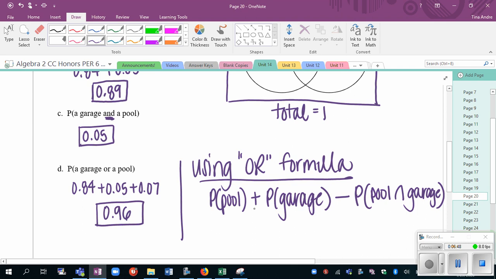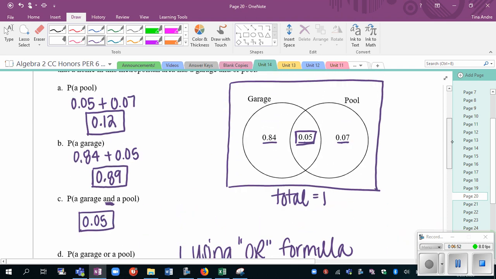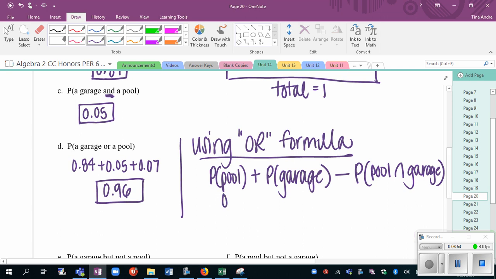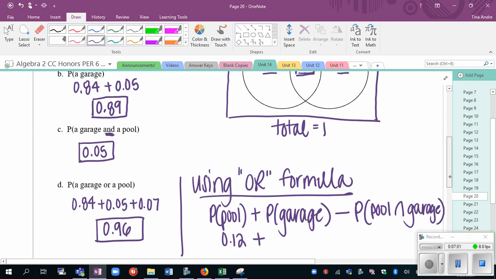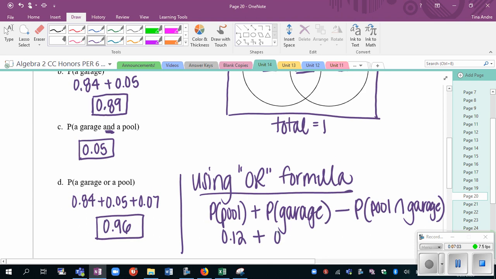So I've already found all of these probabilities. Part A was the probability of a pool, so 0.12. So that was everybody that had a pool, plus everybody that had a garage, so 0.89, minus that overlap, so minus the 0.05.